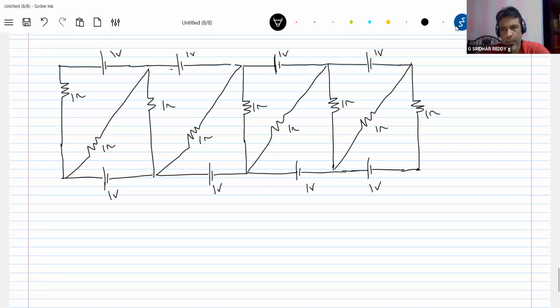I have to calculate the potential difference VAB. Find VAB. You can start with grouping of cells. We are seeing many cells here.